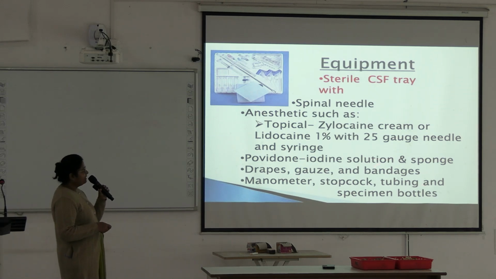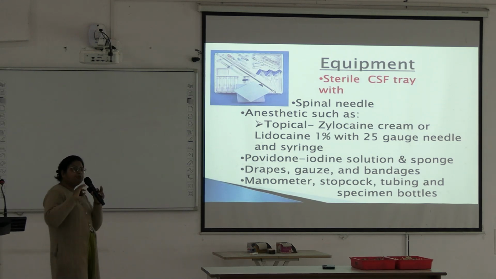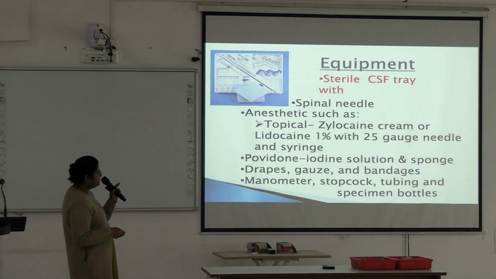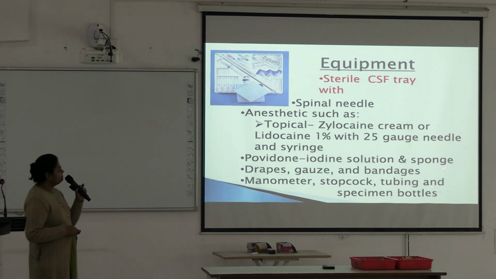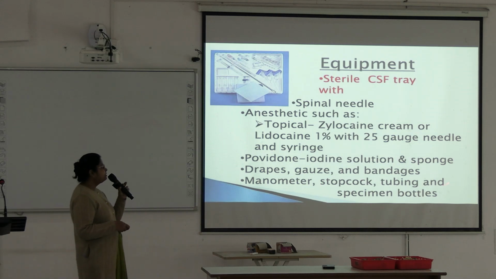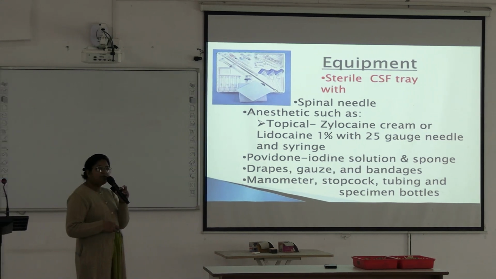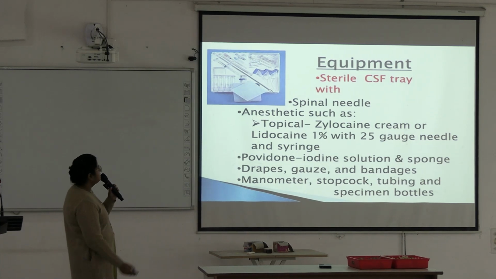Drapes, gauze, and bandages are used. After the procedure, you have to tape this area with gauze and bandages. Manometer used to measure CSF pressure. Stopcock, tubing, and specimen bottles for collecting the CSF. All these are needed.